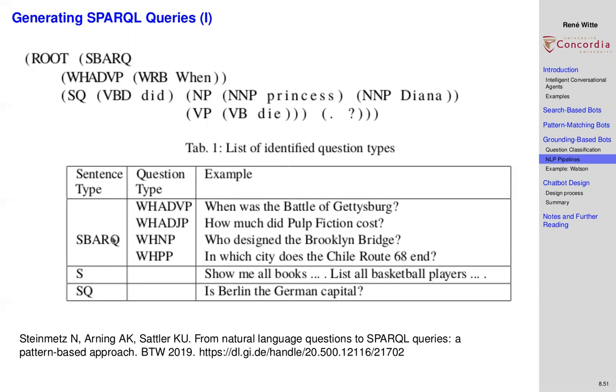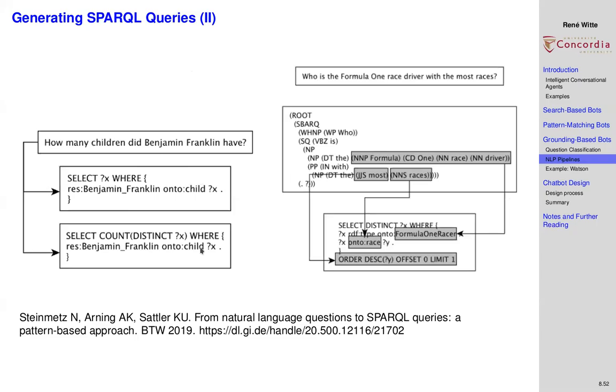again, do a match of a syntactic pattern into a question type. Again, you have these different types of questions, and these questions match into different categories depending on the structure you find here. So it's, again, machine learning based on the syntactic structure. And then once you have identified this, again, you have possible templates that you fill in.